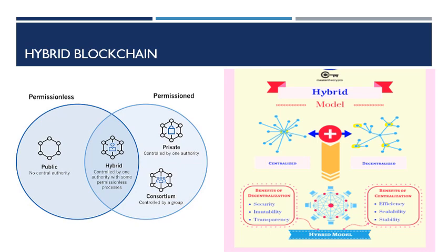If someone wants to get access through a hybrid blockchain, it depends on the organization whether they will give it or not. So that becomes a major disadvantage of this hybrid blockchain. Next is the ecosystem. Due to its closed ecosystem, this blockchain lacks incentives for network participation.